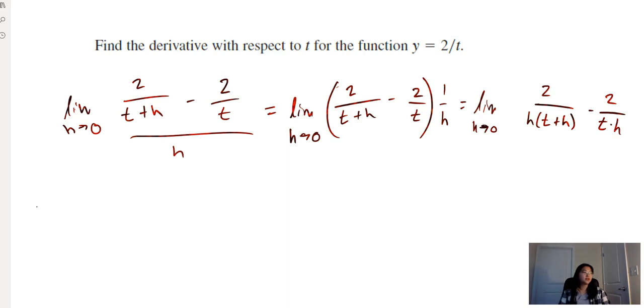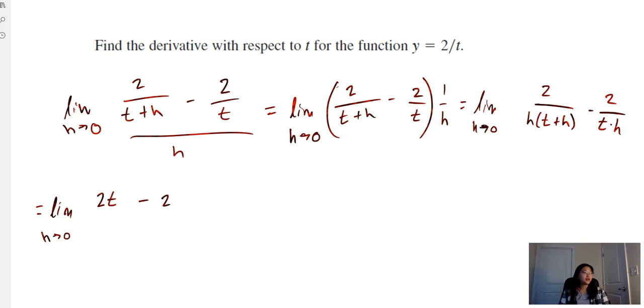Alright, and then I still don't have a common denominator, so I need to fix that. Limit as h approaches 0, and look, I'm still not dropping my limit notation because all of these are numbers. So I have 2 times t, minus 2 times t plus h, oh, I didn't need to multiply by the h there.